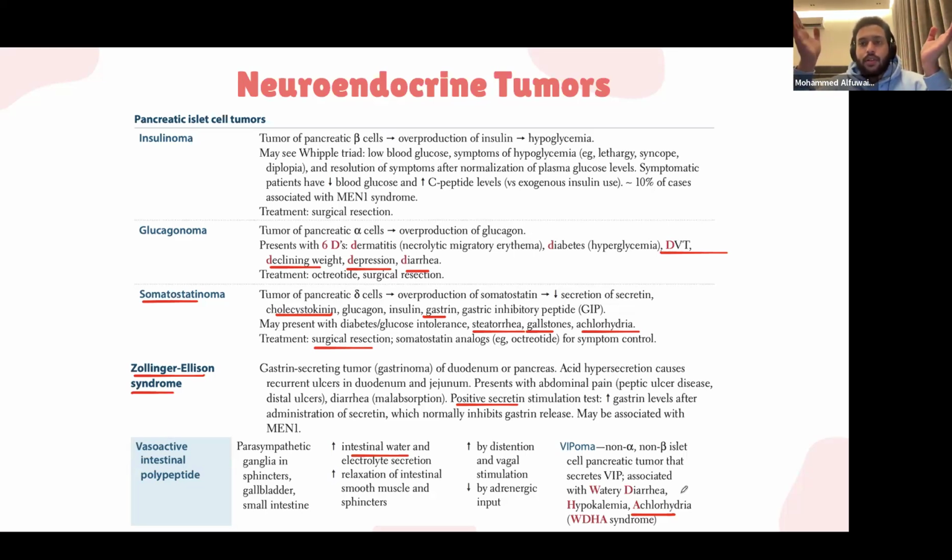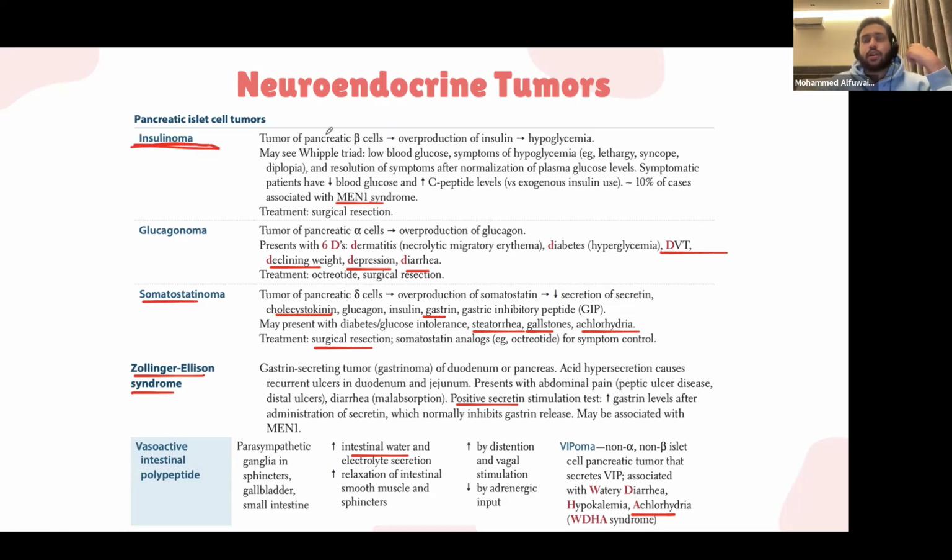Multiple endocrine neoplasia, there's 3 types: MEN1, MEN2A, MEN2B. MEN1 will have the pancreatic tumor. Okay? MEN2A and MEN2B do not. That's the thing you need to remember about it. So in MEN1, what they have is pancreatic tumor. The most common one associated with MEN1 is insulinoma.